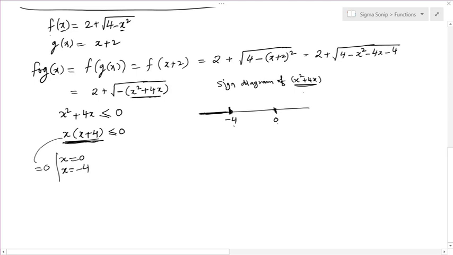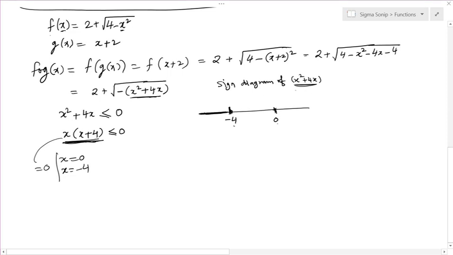So I'm going to substitute a value of -2 here and see what the value of x squared plus 4x is. When I put -2 here, this becomes +4, and this is -8. So the value of this expression in this region is negative. Here in this region I need to put a -6, not +2.